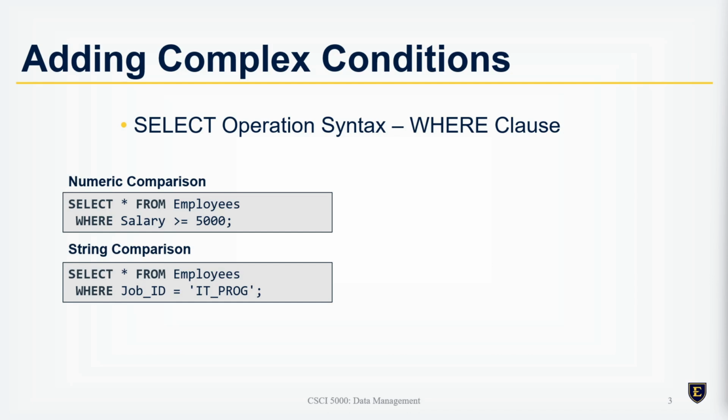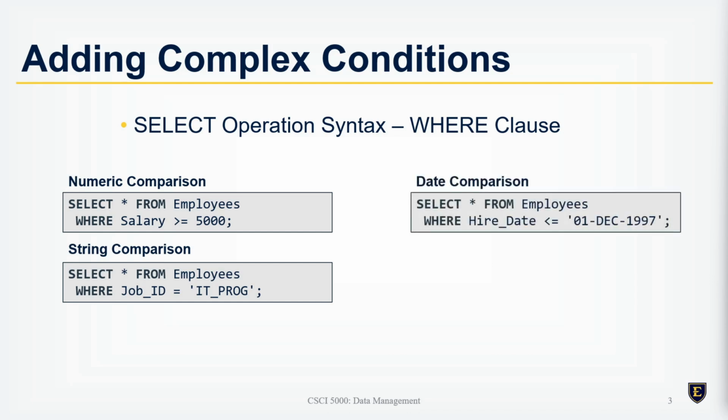We can also do date comparisons. This particular format is probably not going to work for us in MySQL, but it is a format that is used by Oracle. I'll show you in an example video how to do date comparisons with MySQL.